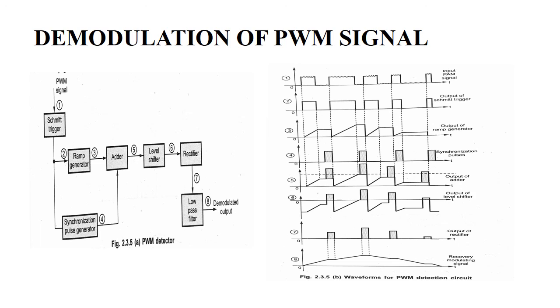The output of the adder is given to a level shifter. After that, we receive the negative offset waveform, which is clipped by the rectifier. Finally, the output of the rectifier is passed through a low pass filter to recover the modulating signal, and we get the demodulated output signal.